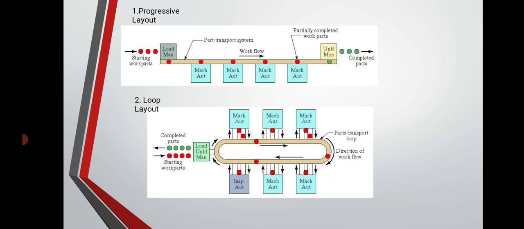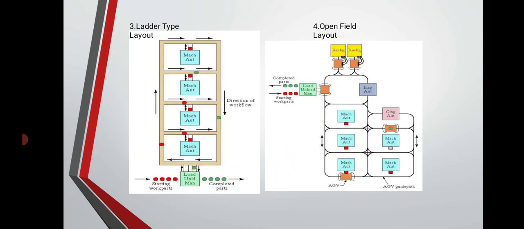In the second image, the inline configuration has workflow in two directions, a linear transfer system with a secondary part handling system at each workstation to facilitate the workflow in two directions. Thus this configuration provides greater routing flexibility. Third one, ladder type.